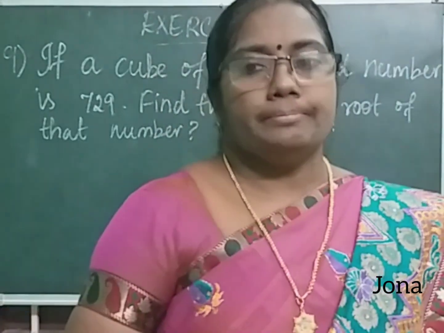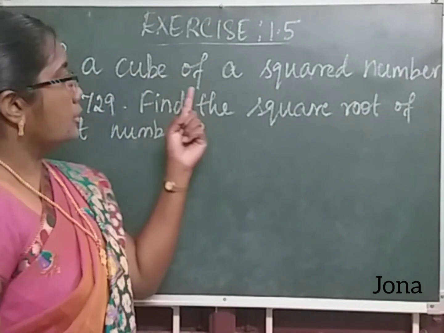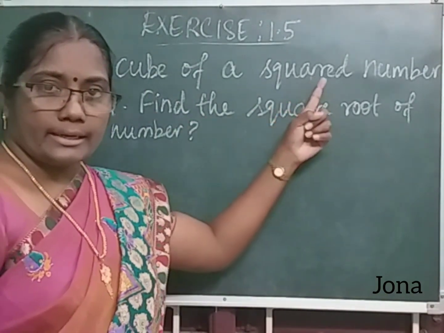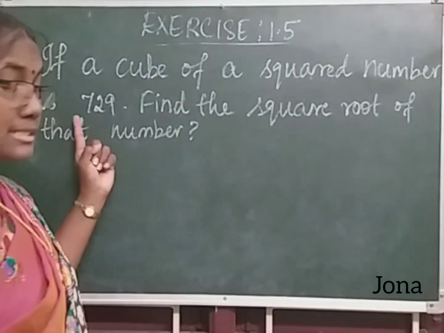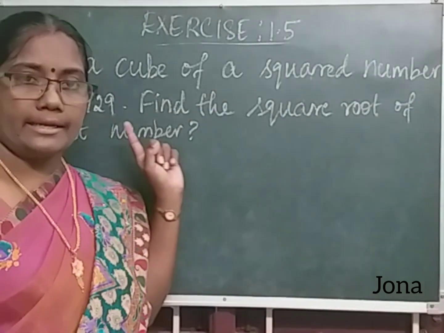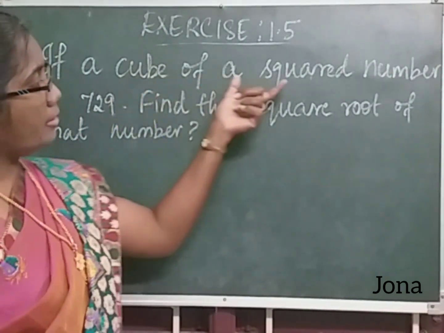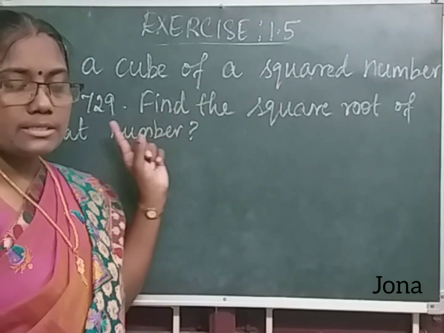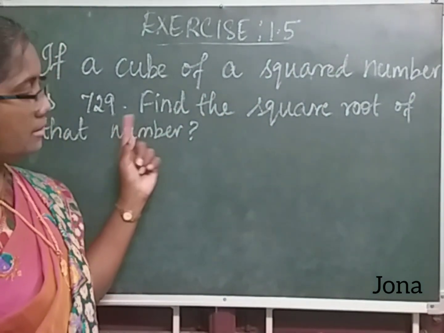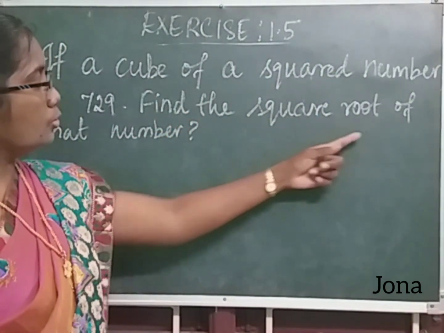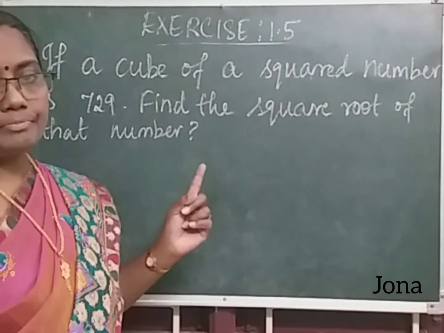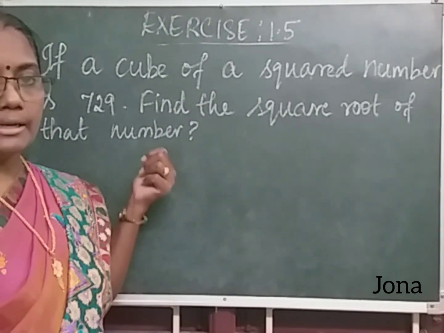Okay. Ninth problem. If the cube of a squared number is 729, find the square root of that number. We want to find the square root of that number.